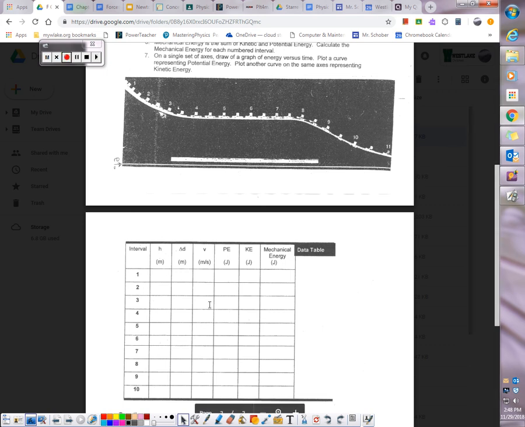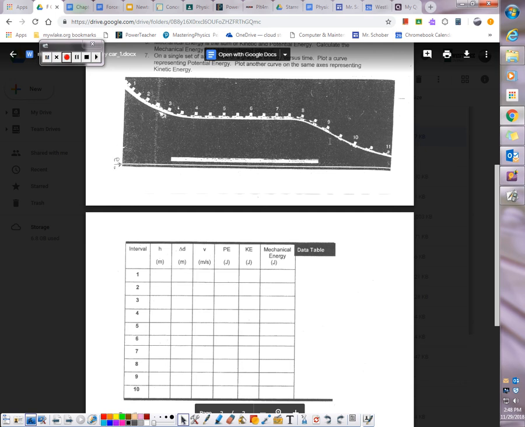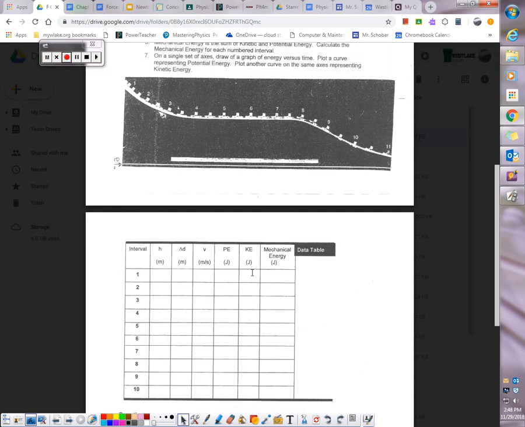Height is going down, so potential energy should be going down. At no point should it ever be increasing. It might stay kind of the same in the middle, but in general it should always be going down. Similarly, kinetic energy relates to velocity, and we're speeding up as we go down the track, so kinetic energy is increasing and that number should be getting higher.